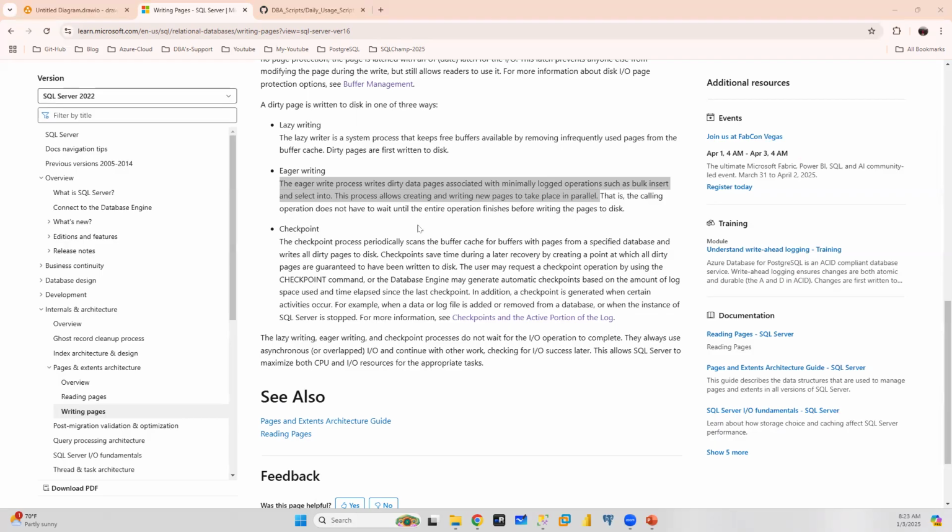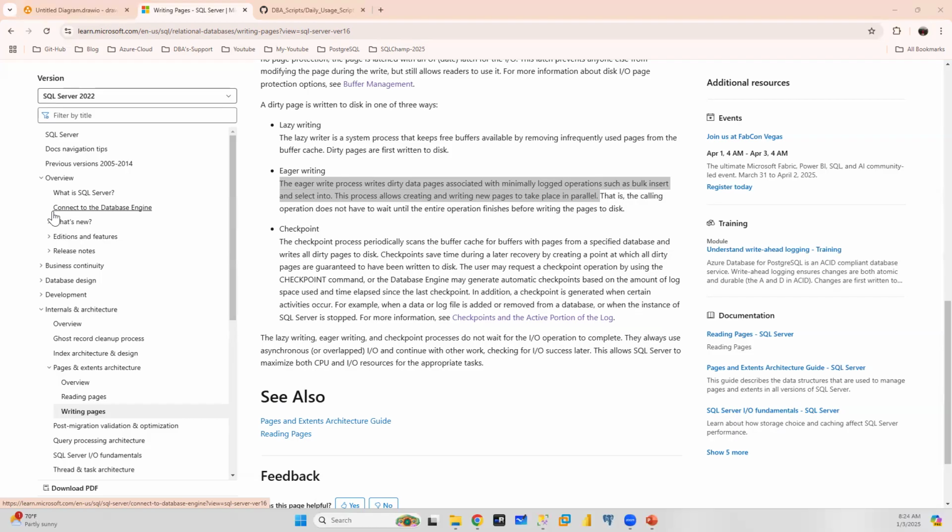Just a quick question. Let's say for some reason someone puts the recovery model in full recovery and tries this, what will happen with the eager writer? That's what, sir, don't think much as of now. I will talk on that day, because many people will get confused. That's my intention.